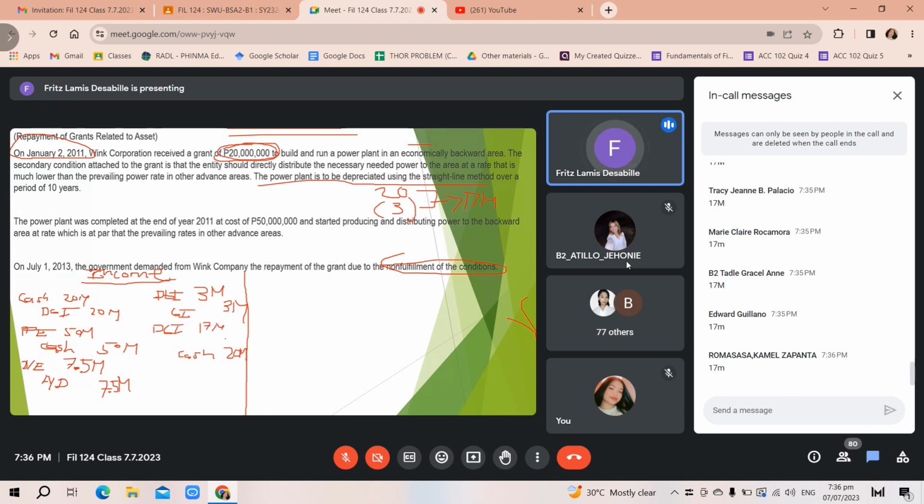The difference between 20 million and 17 million, which is 3 million, is what we call a loss on repayment. So question, how much is the loss on repayment? Answer, 3 million.